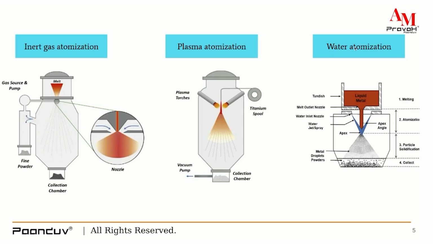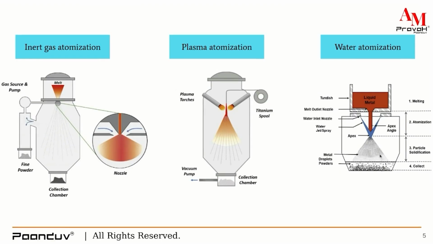Now, next is water atomization, which is again a low cost methodology to manufacturing the particles. Here, in place of gas, you use water as a coolant, and this water interacts with the molten liquid to atomize the particles further, through which primary and secondary atomization happens.